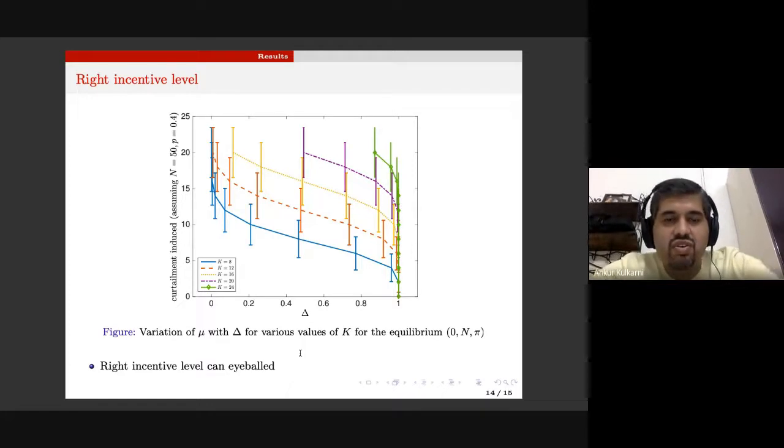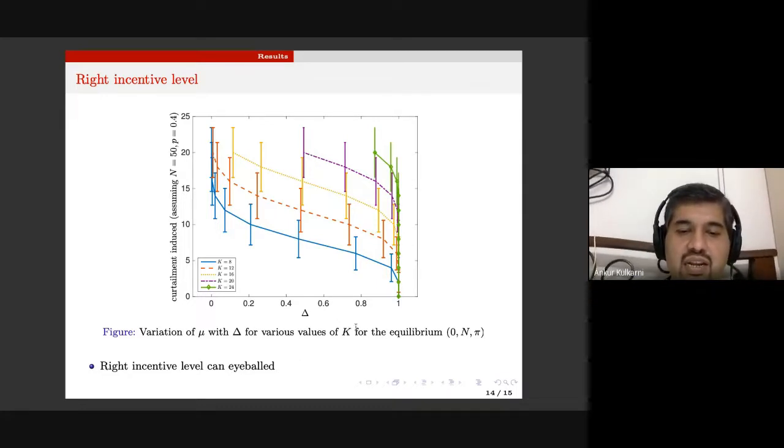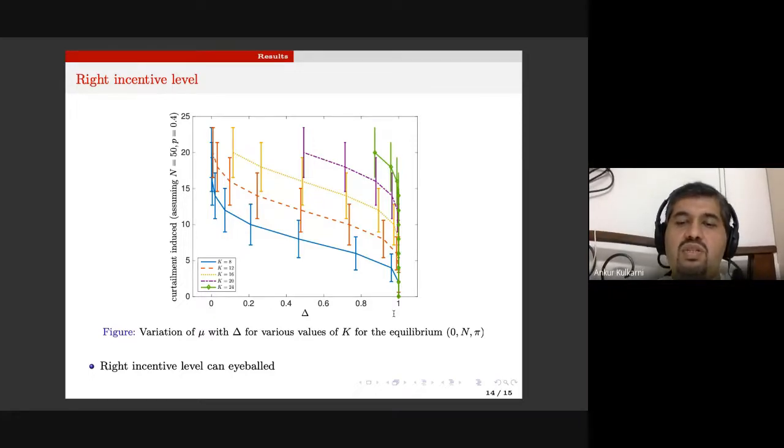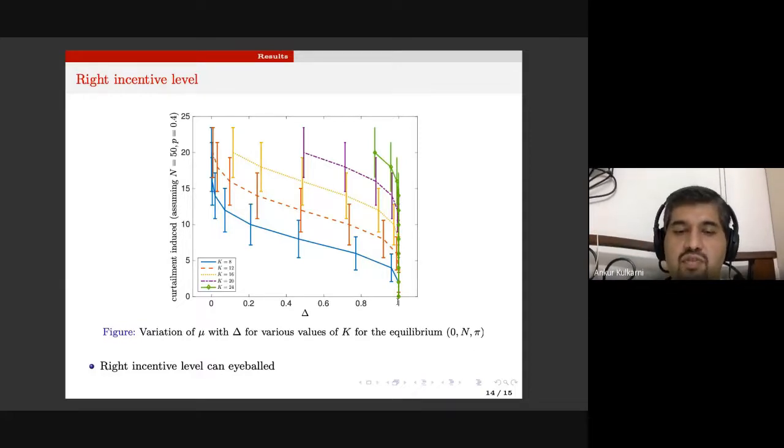So now you can try to plot some of these terms. What I have here is delta. Delta captures the incentive that is being offered. Lower values of delta mean higher incentive. Larger values of delta mean lower incentive. So as you increase delta, you reduce your incentive. On the y-axis I have the curtailment that is induced. As you decrease your incentive, the curtailment reduces and then goes through a steep fall, and eventually comes down to almost no curtailment.